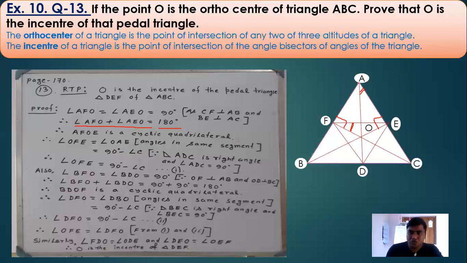And also triangle ADC is a right angle triangle because AD is perpendicular to BC.